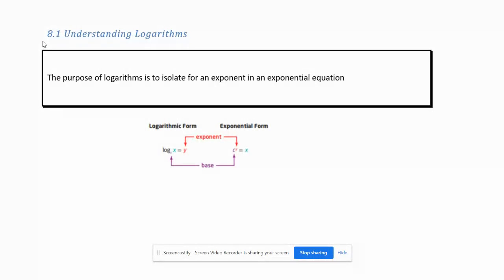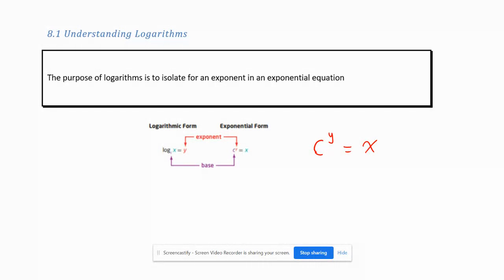If we have log base c of x equals y, and I compare this expression to this expression, I can say that these are actually the same expression. One's expressed in logarithmic form and one's expressed in exponential form. In exponential form, we have c to the y equals x.